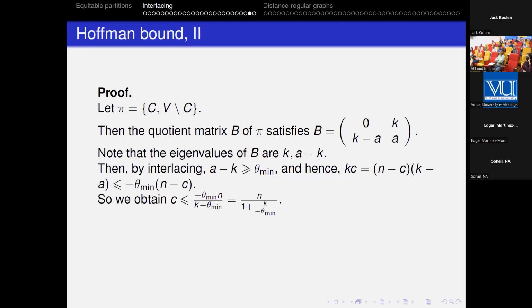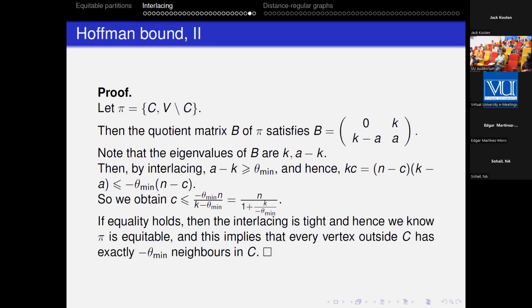So we obtain that c is at most this number. If equality holds, then the interlacing is tight, hence pi has to be equitable. This implies that every vertex outside has exactly minus theta min neighbors in C. So that is the Hofmann bound.